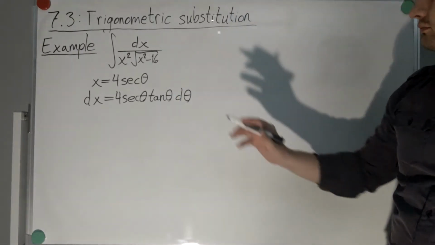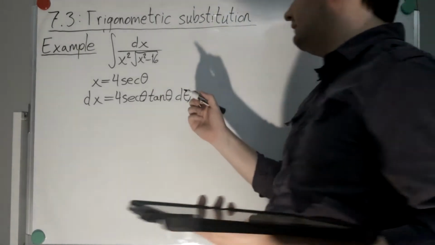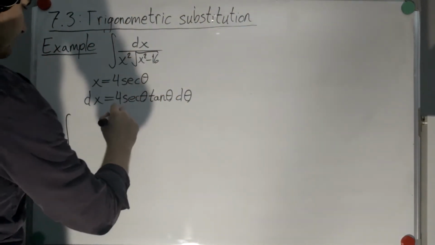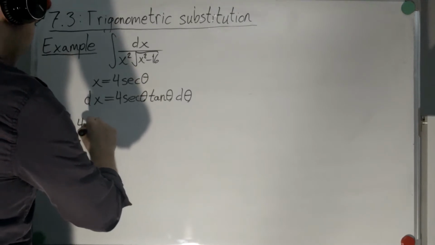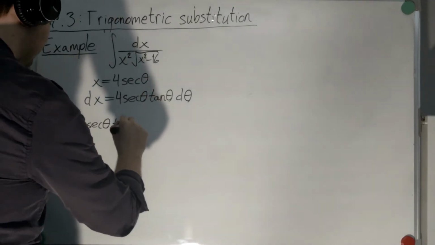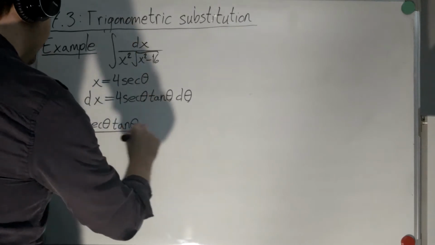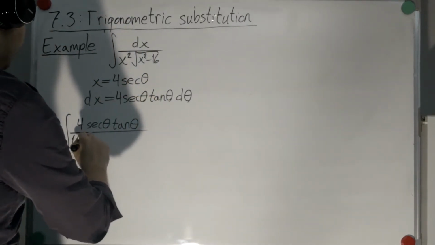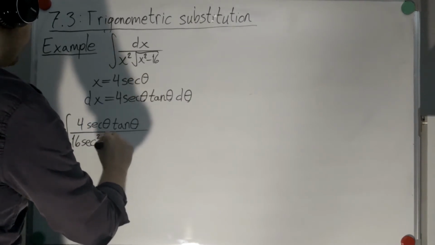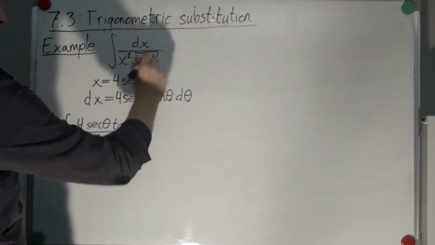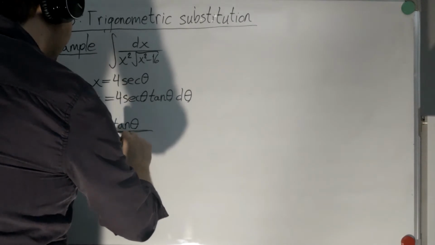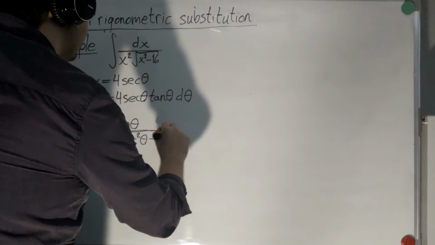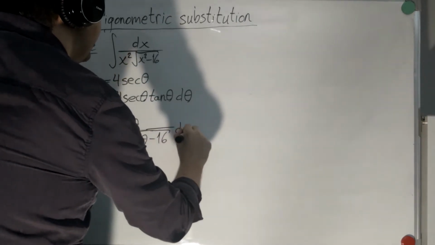Now then, if we do this, then this integral becomes an integral of 4 secant theta tangent theta divided by, let's see, x squared, so that's going to be 16 times secant squared theta, times the square root of, okay, x squared again, so that's 16 secant squared theta minus 16, and of course there's a d theta.